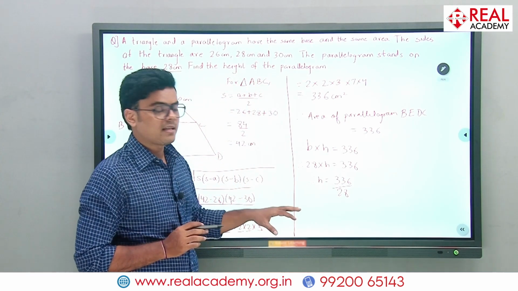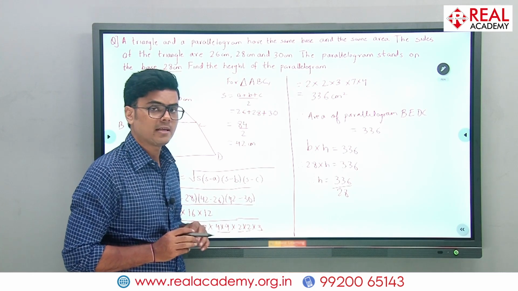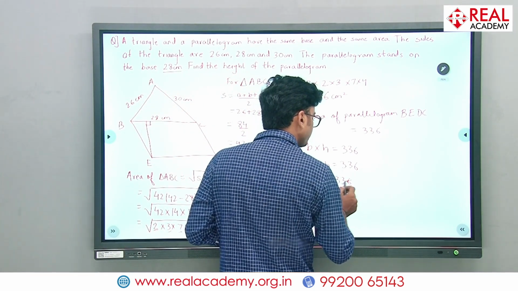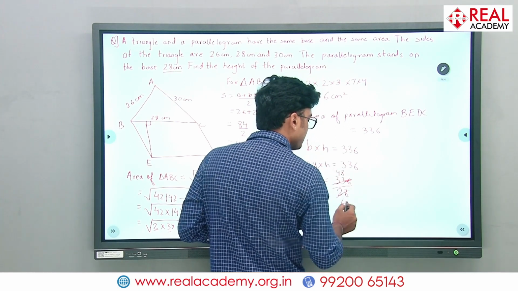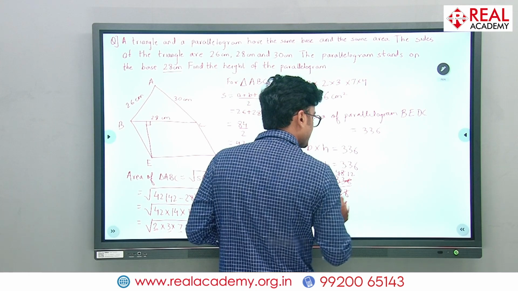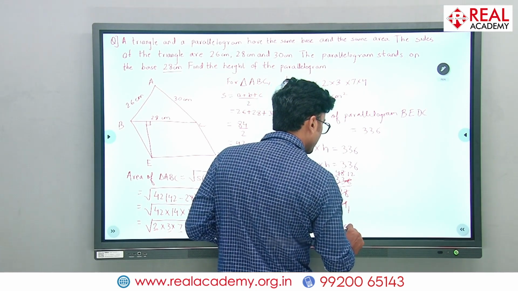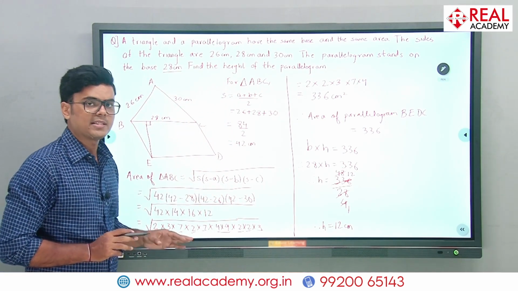If you don't immediately find which multiple 336 is of 28, we can cancel it by 7. 7 4s are 28, 7 8s are 56, then 4 1s are 4, 4 12s are 48. Therefore, the height of the parallelogram is 12 centimeter.